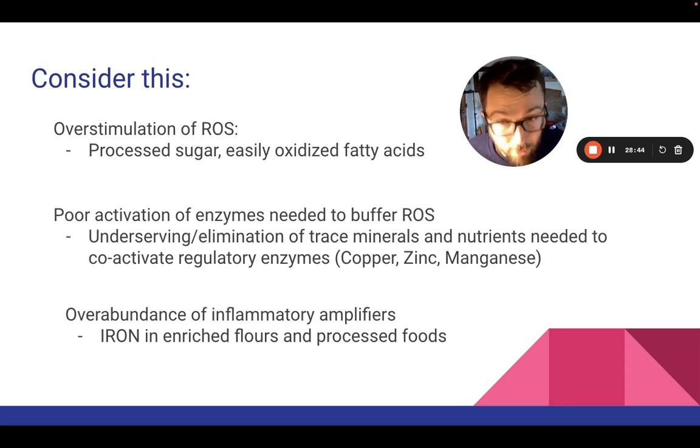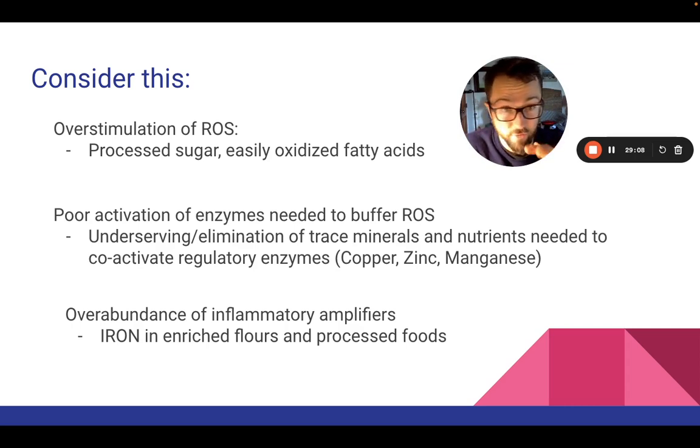Combine that with an overabundance of inflammatory amplifiers, iron specifically. I have focused solely on iron in my studies, but iron is in the cell in overabundance. We have more iron than we know how to package and get rid of.